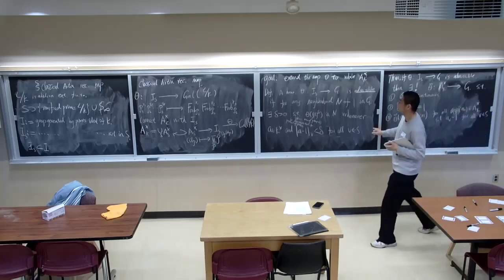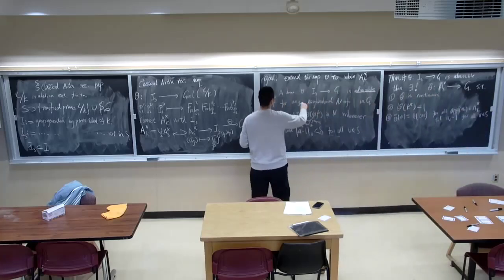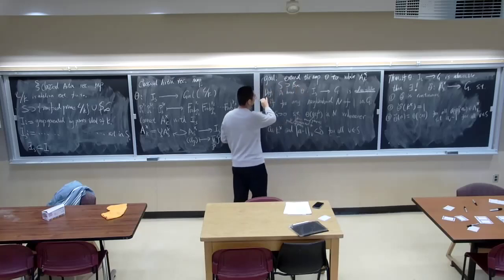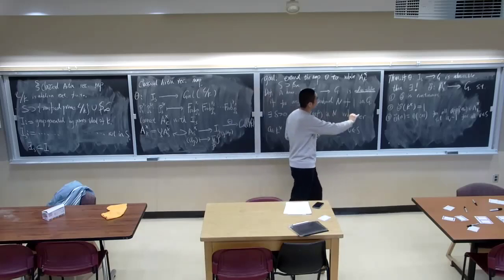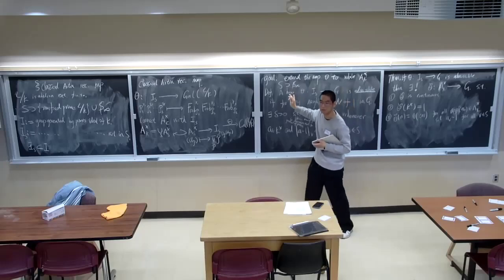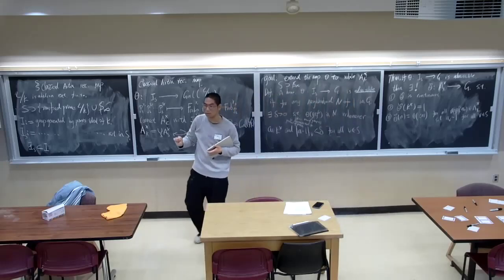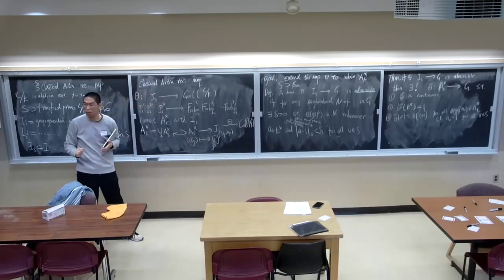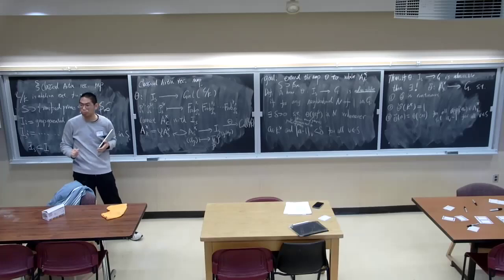For this whole theorem, you just need S to contain S infinity for the definition, and for the theorem, this condition is enough. I guess we are not defining this map for all S, just one particular set S.